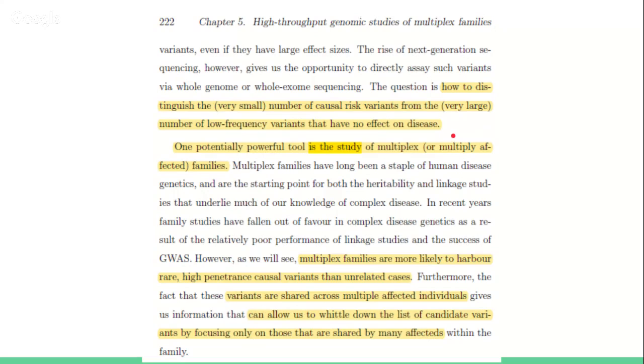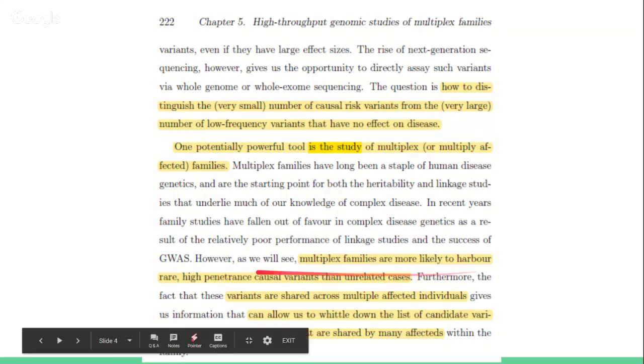Luke Jostins proposes in his PhD, which must have been a handful of years ago, that one potentially powerful tool is the study of multiplex or multiply affected families. Essentially a pedigree where different members have a condition. Multiplex families are more likely to harbor rare high penetrance causal variants than unrelated cases.